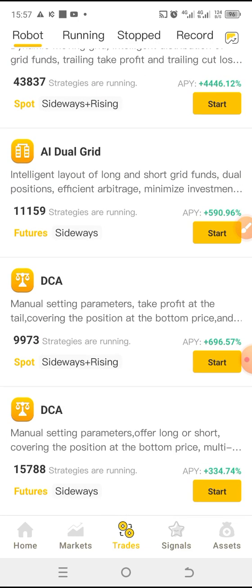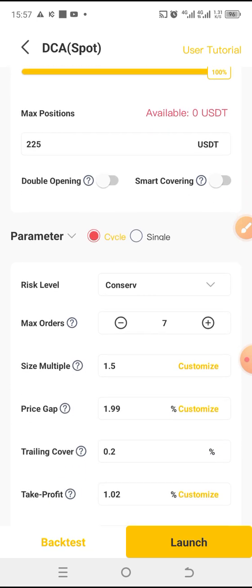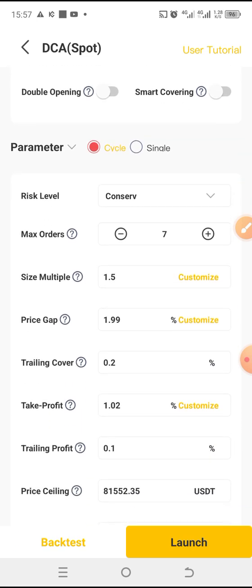And the opposite of that, the same function but with different settings, is DCA. The AI one means the system automatically sets the parameters for you according to your risk level. But look at this. In here, you do your settings, the parameters.